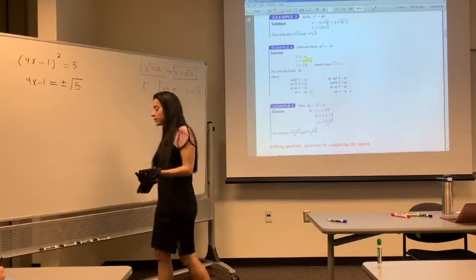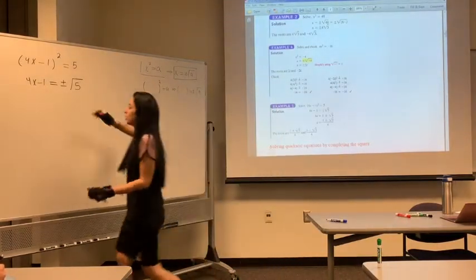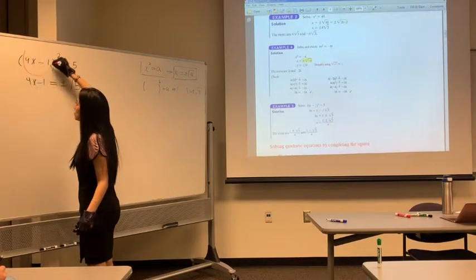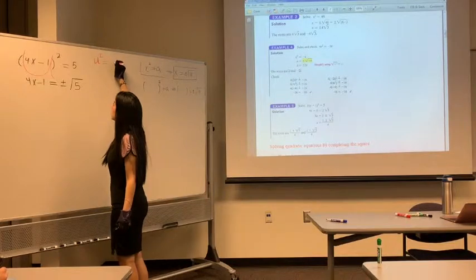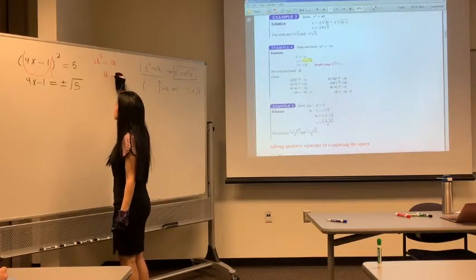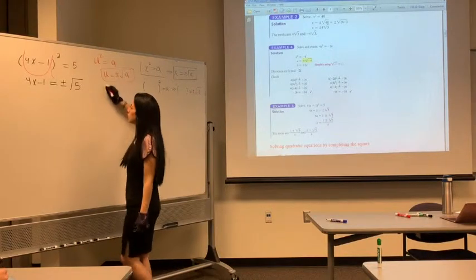Or if it is difficult for you to understand, you can write: this whole thing was u, so u squared is equal to a, u is equal to plus minus radical a. What is u?